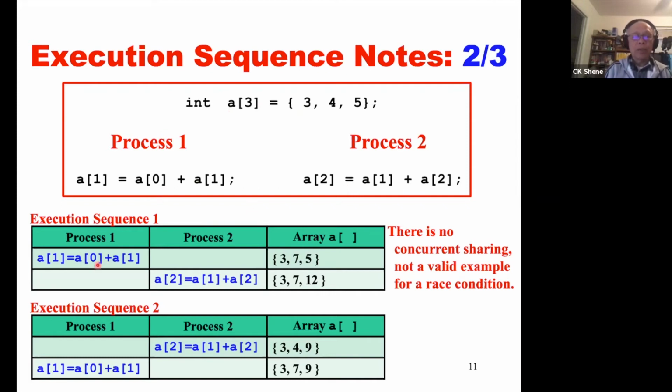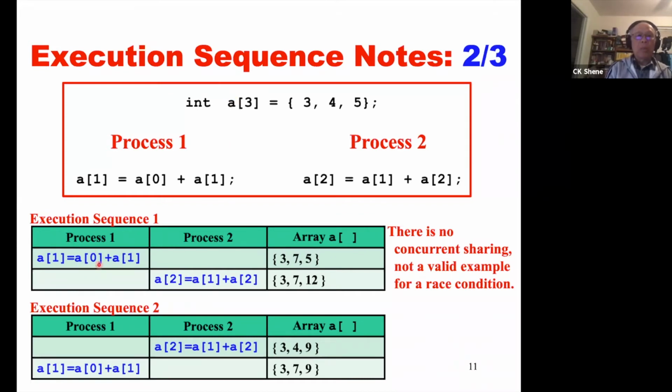Look at execution sequence 1. Process 1 finishes execution. Process 2 starts. In the other execution sequence, process 2 uses the resource and then terminates, and process 1 starts using it. So in both execution sequences, process 1 and process 2 never access the shared resource, which is the array A, in a concurrent way.